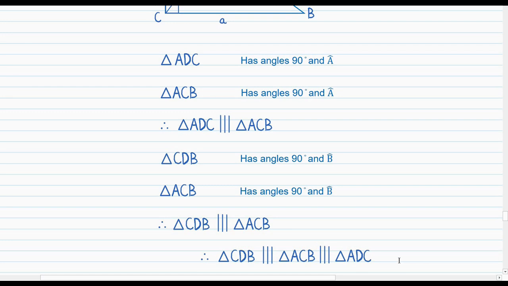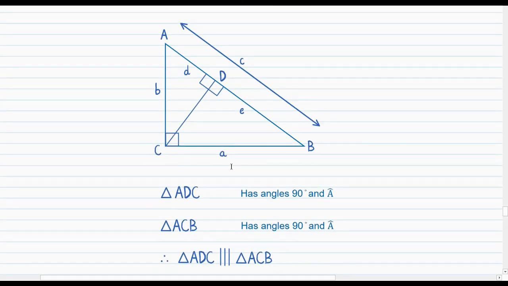And we can use this fact to write up various proportionalities. The first is relating triangle CDB with triangle ACB. Let me go back to the diagram. One such ratio is DB over CB, meaning the longer side over the hypotenuse of triangle CDB, would be equal to CB over AB, meaning the longer side over the hypotenuse of triangle ACB.